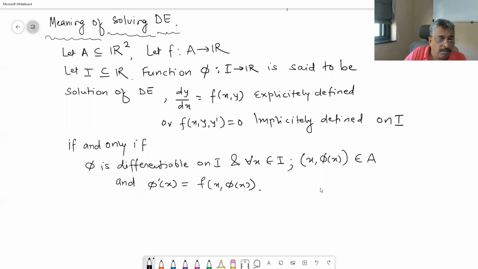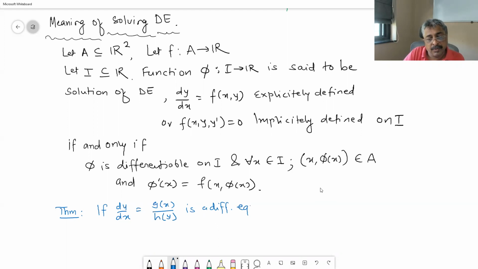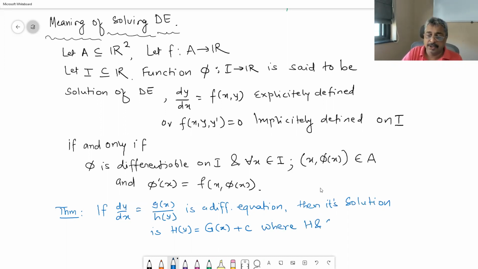Now, here, if dy by dx is equal to g of x upon h of y is a differential equation, then its solution is h of y is equal to g of x plus c, where h and g are antiderivatives of h comma g.